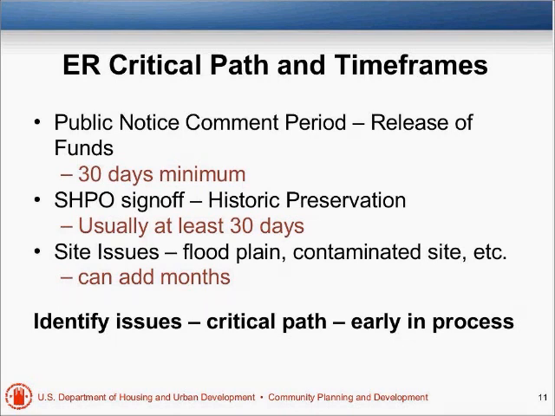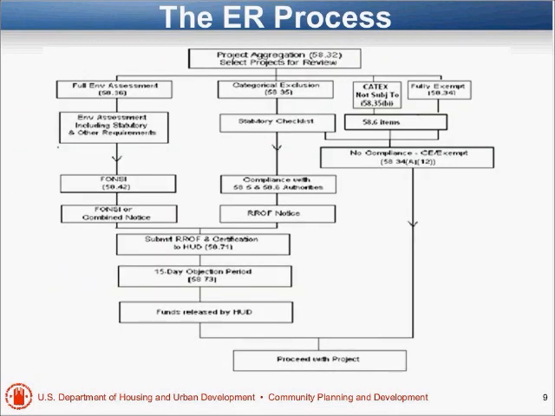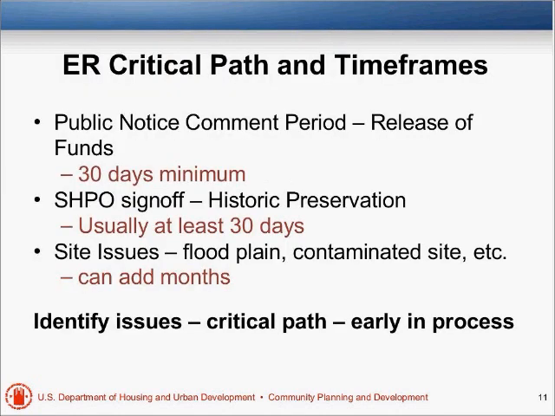The 2 notices that I pointed to earlier, the FONSI notice over here and the request for release of funds over here, those right away are 30 days. So you're talking about a minimum of 30 days on the process. Before you can even make your finding of no significant impact, you have to have a sign-off from your state historic preservation officer.